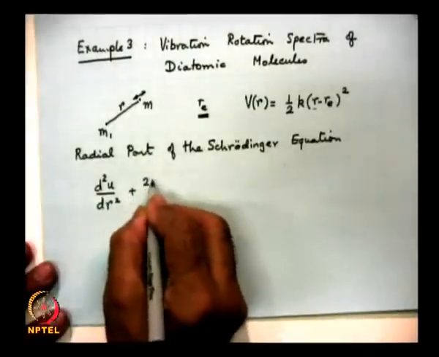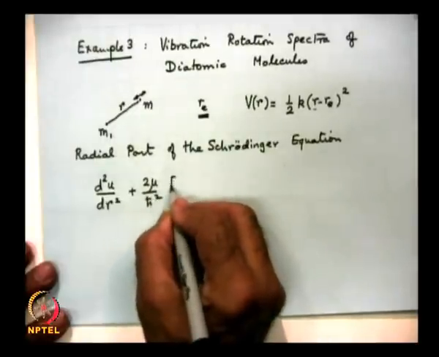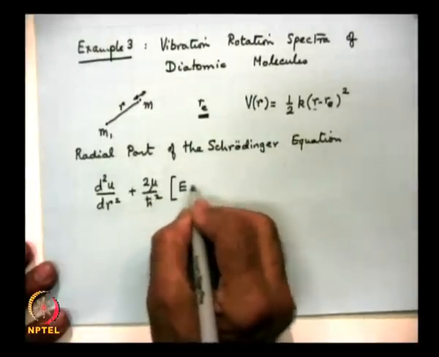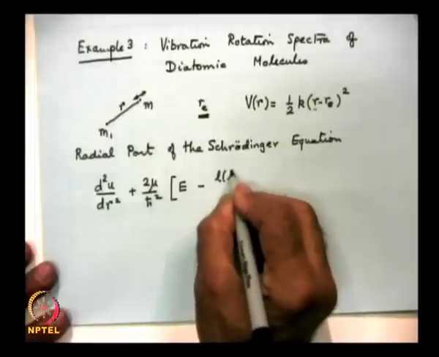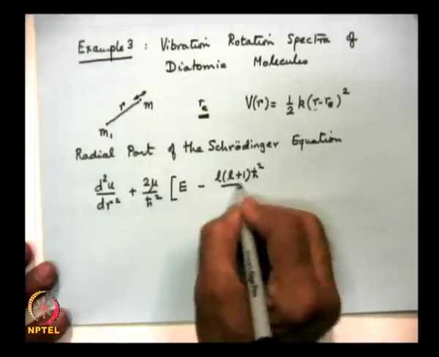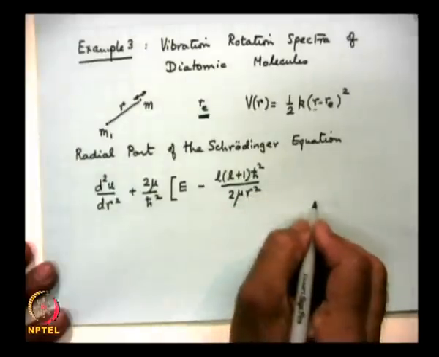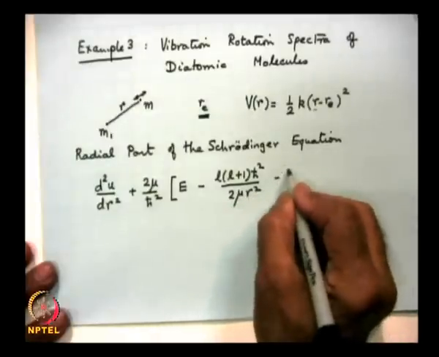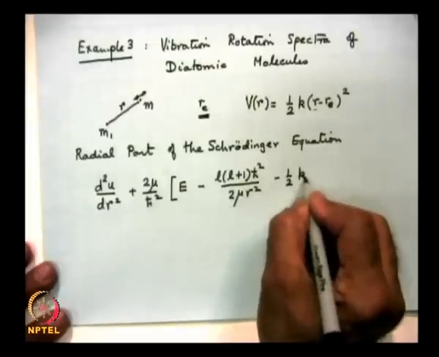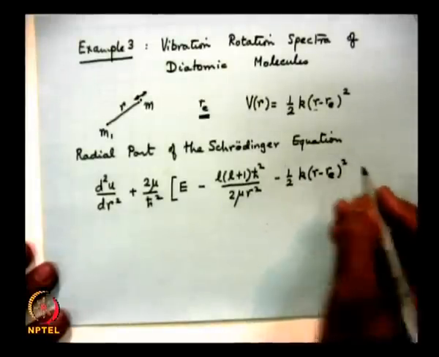plus 2 mu by h cross square, E minus L into L plus 1 h cross square by 2 mu r square, minus half k (r minus Re) whole square. This is the potential energy term.